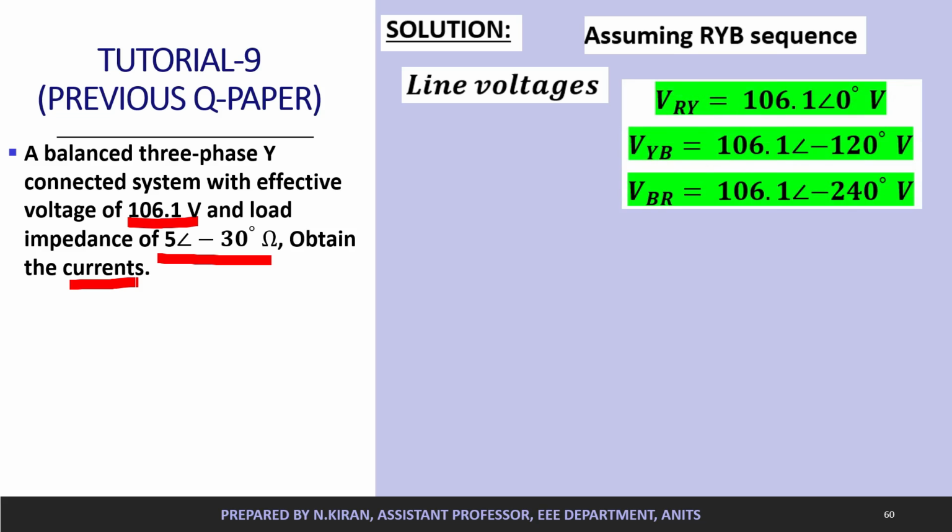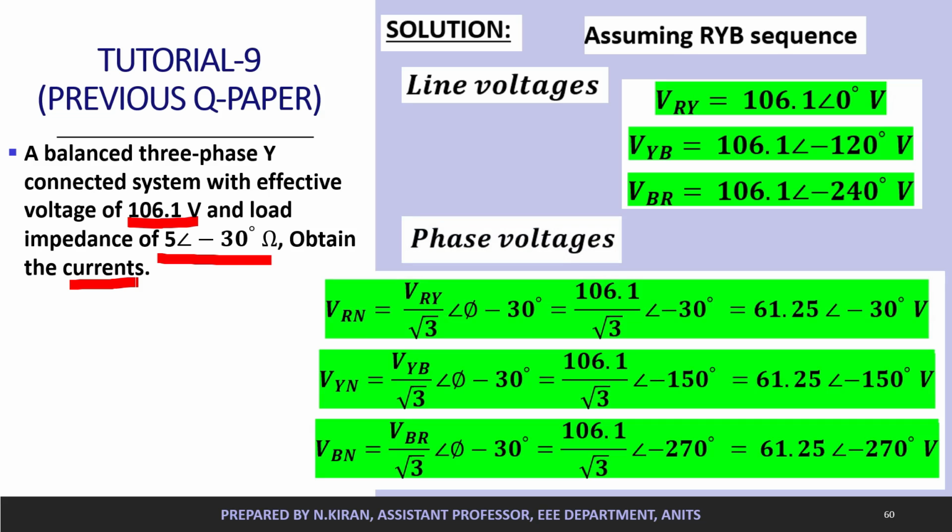Since this is a star connected system, the magnitude of phase voltage will be 1 by root 3 times the magnitude of line voltage, and every phase voltage will lag by 30 degrees with respect to line voltage. Using that, we'll find the values of phase voltages VRN, VYN and VBN respectively.